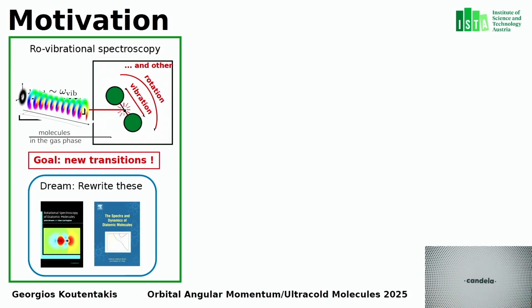But then people said, okay, we have now these nice beams that are not completely plane waves, but along the azimuthal direction, they have a phase. And people have shown that these actually contain additional angular momenta, the orbital angular momentum of the beam associated with this phase. And then this might introduce new transitions, and we can write some new chapter in these books.